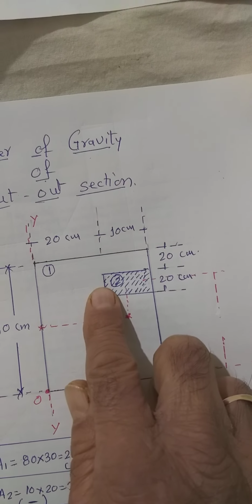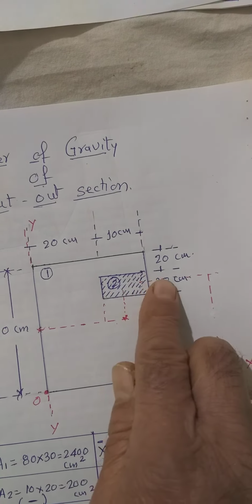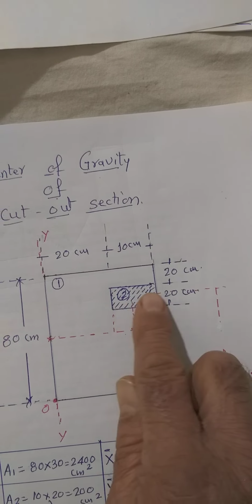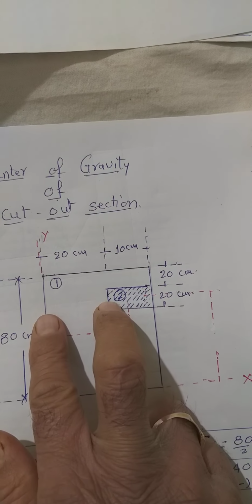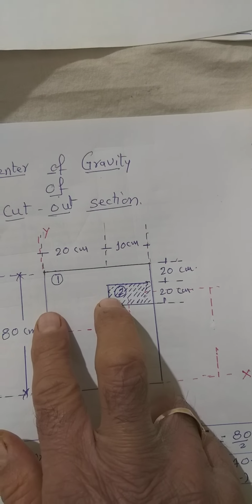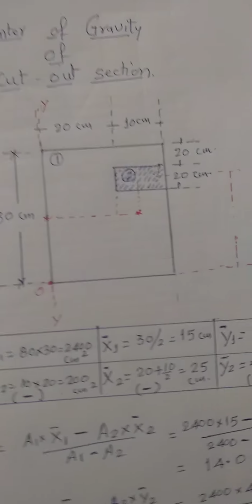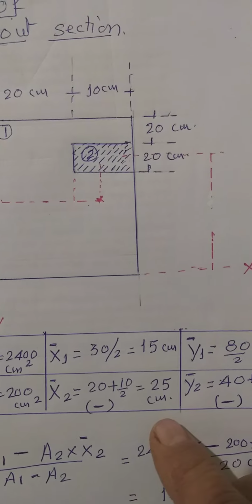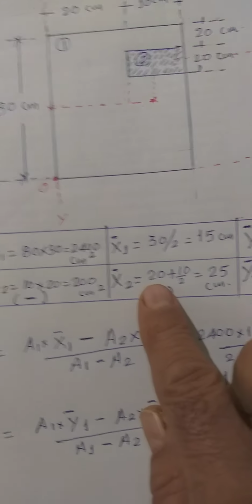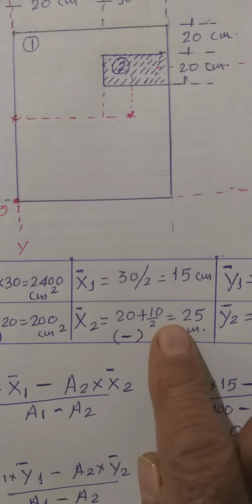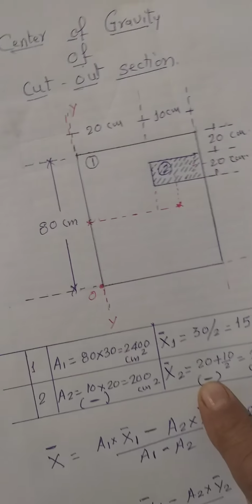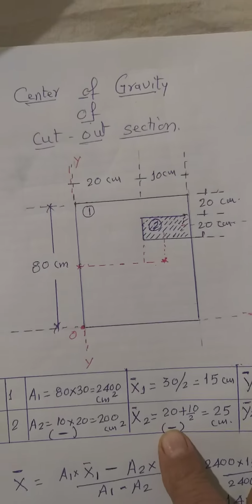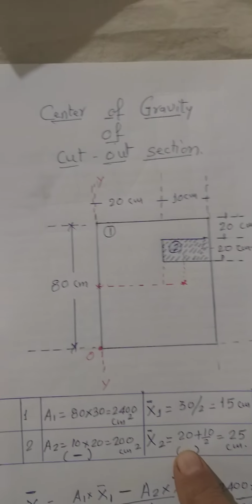Here the CG lies at a distance of half of this distance. So 10 by 2, that is 5, plus 20, that is 25. So x bar 2 will be 20 plus 10 by 2, that is 25, with a minus sign. Just for reference I am saying that, that is to be subtracted only.